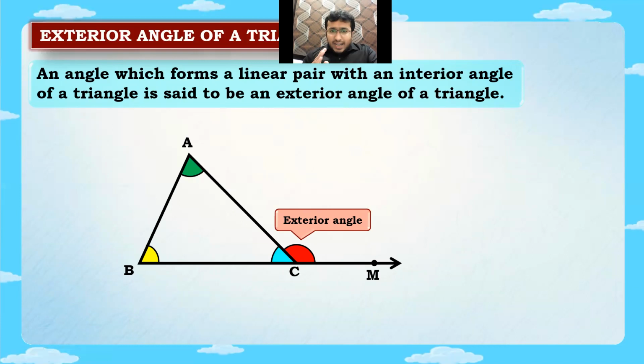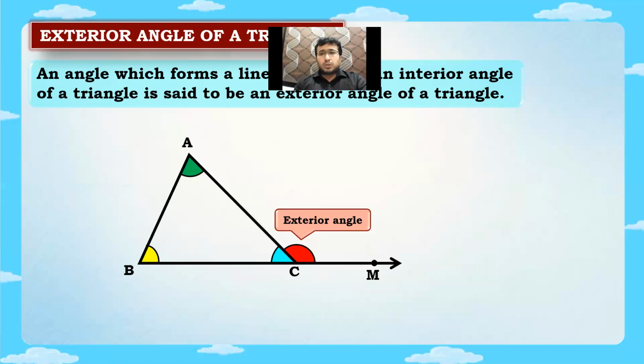So an exterior angle will always form a linear pair with its interior angle. Is everyone clear with this, students? Okay. Yes, superb, students.